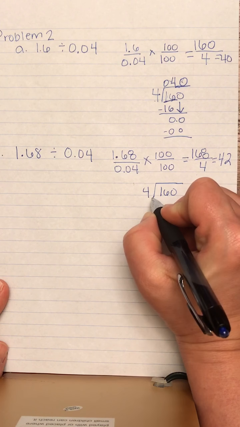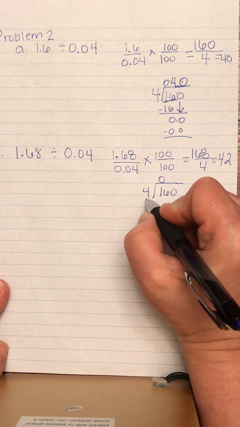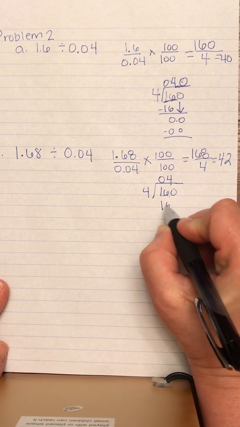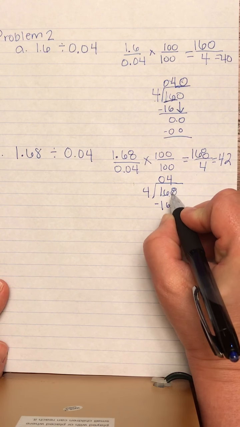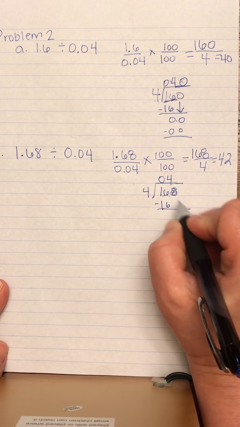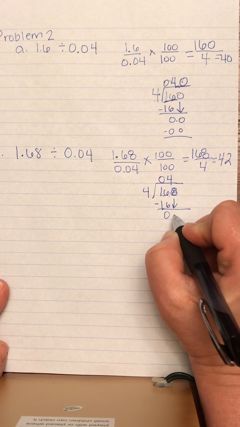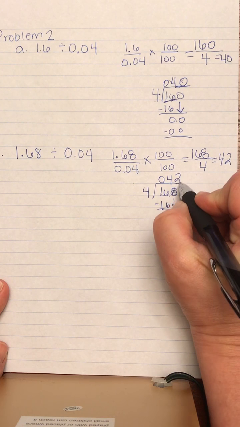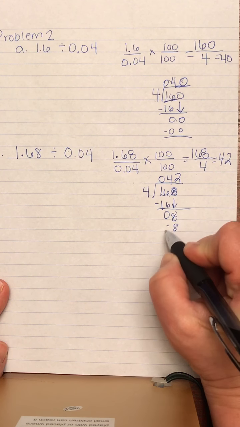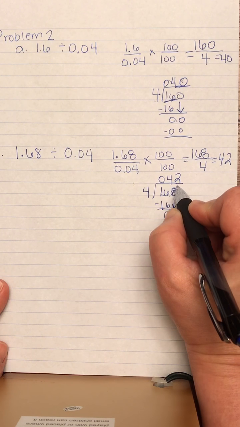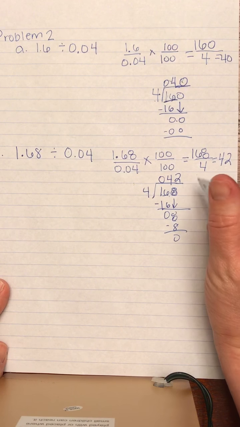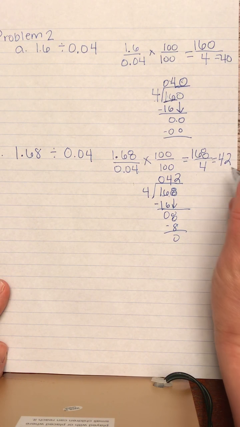I decided up here that 4 does not go into 1. 4 can go into 16 4 times evenly. Oops, I put 6. There we go, sorry. And then I have to bring down my 8. 4 goes into 8 2 times. And now I'm finished because each digit in my dividend has a digit above it. So my answer here is 42.